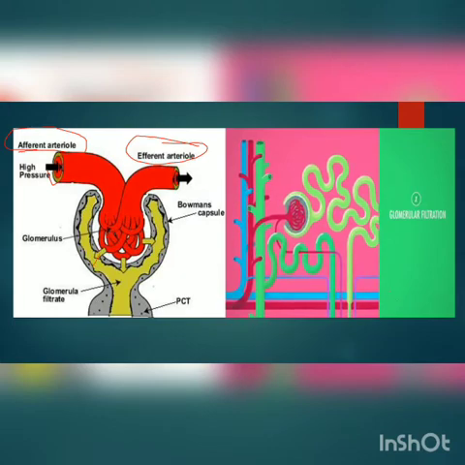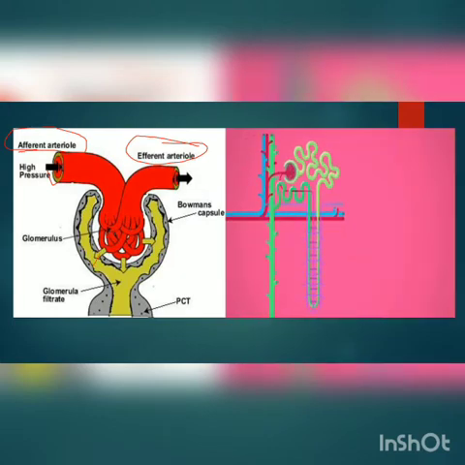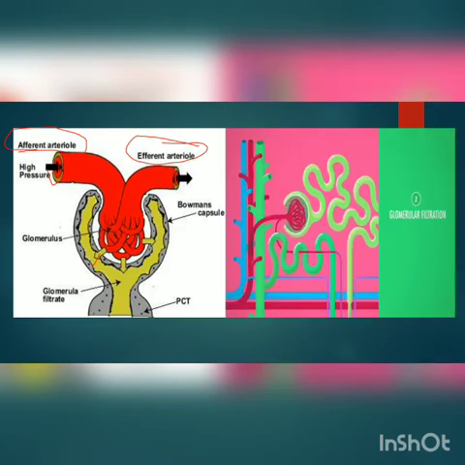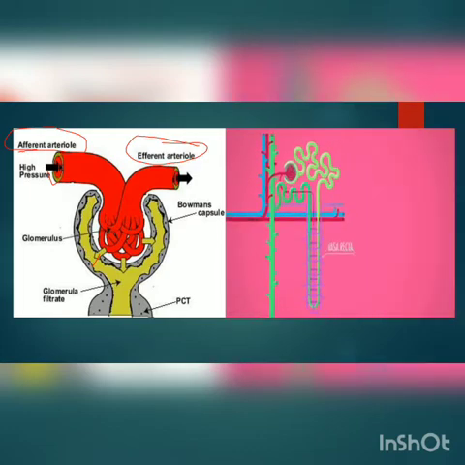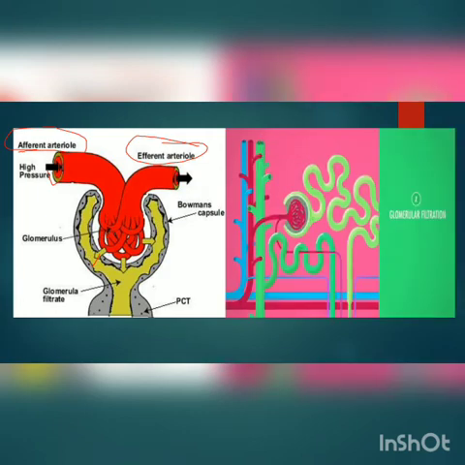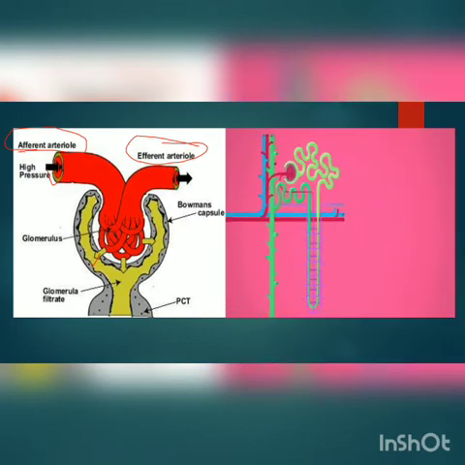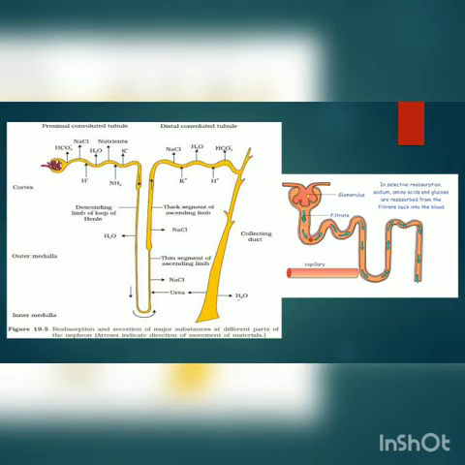And here you can see how the filtration is taking place. That blood is entering into the glomerulus, then it is undergoing filtration, and after filtration blood is entering into the efferent arteriole, and further the filtrate is also passing through the PCT, and then the loop of Henle, and then the DCT. Now we will come to the tubular reabsorption.